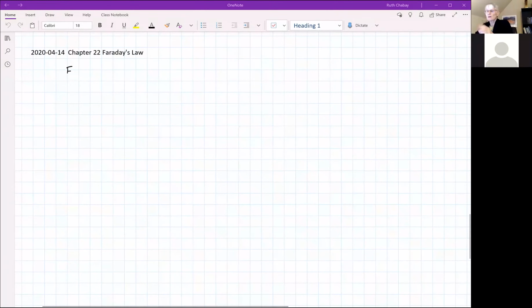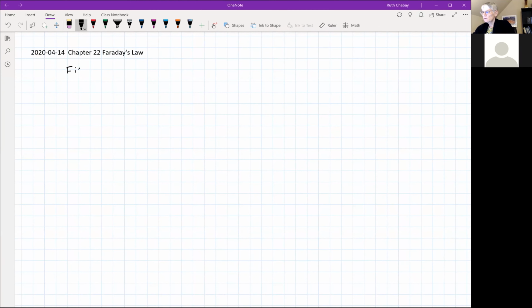And we're going to explore how we can quantify this to come up with Faraday's law, which is the third of Maxwell's equations. So we're talking about sources of fields. We have the field, what it affects, and what the sources are. We've talked about two different kinds of fields.